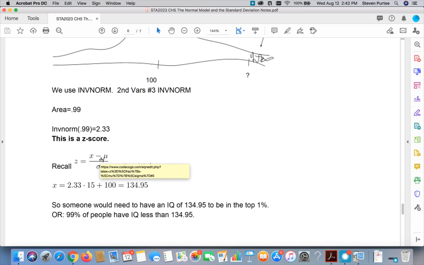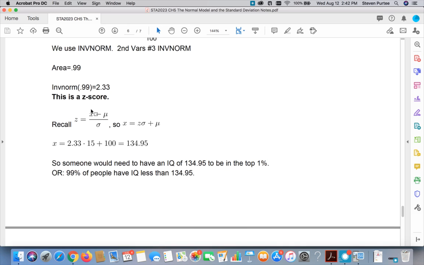So now we have to work our z-score formula backwards. Here's our z-score formula. If I wanted to solve for x, that's who I'm after. That's an IQ right there. I would multiply the sigma over, then add the mu. So x is z sigma plus mu. So I just fill in everything I need.